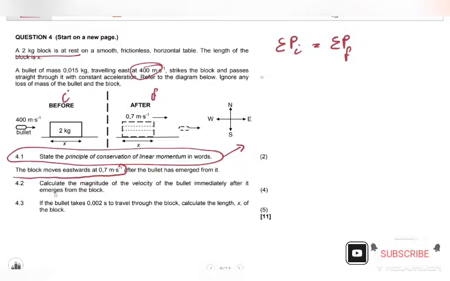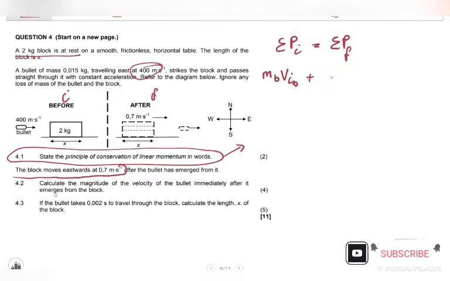So according to this equation here, we're going to say the mass of the bullet multiplied by the velocity initial of the bullet. Since the block was initially at rest, we are going to say the mass of that block, I'm going to use capital letter B for that, multiplied by its velocity, and velocity initial is 0, so that will turn everything to 0.